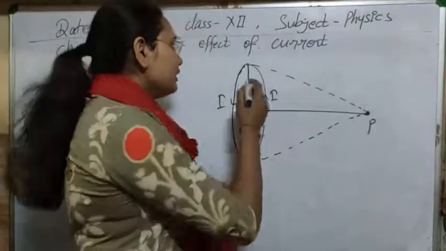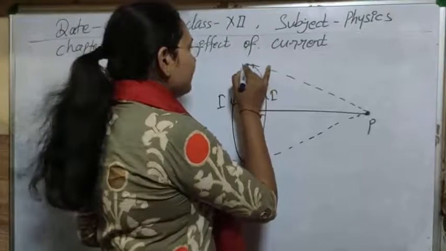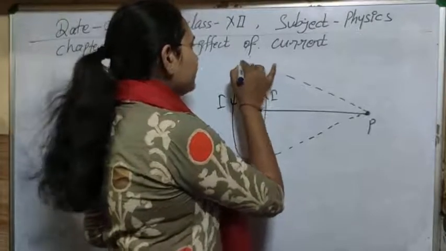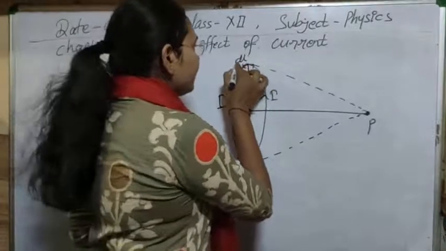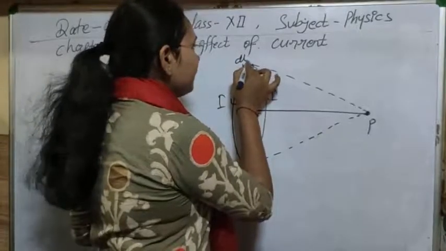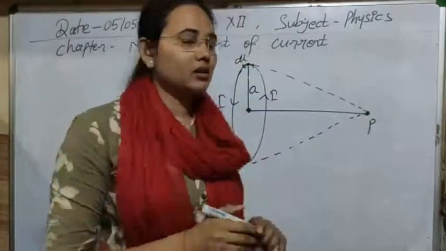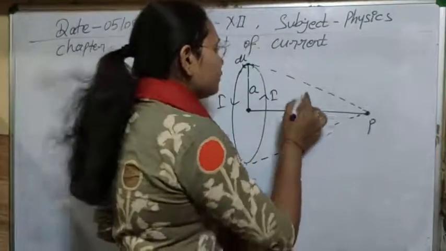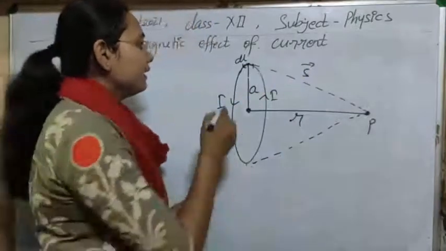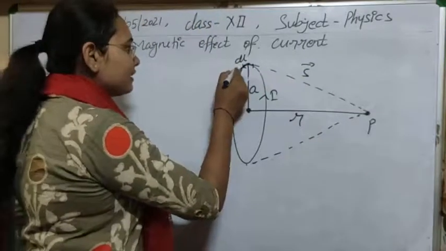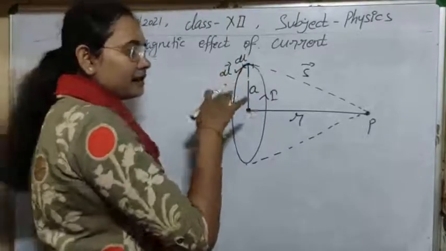So this is our current element dl, and the direction of dl is obviously along the tangent. I think that is now clear. This distance is suppose r, this is our s here, this is our dl, and if you draw the tangent at this point, it shows the direction of this current element in the direction of current.